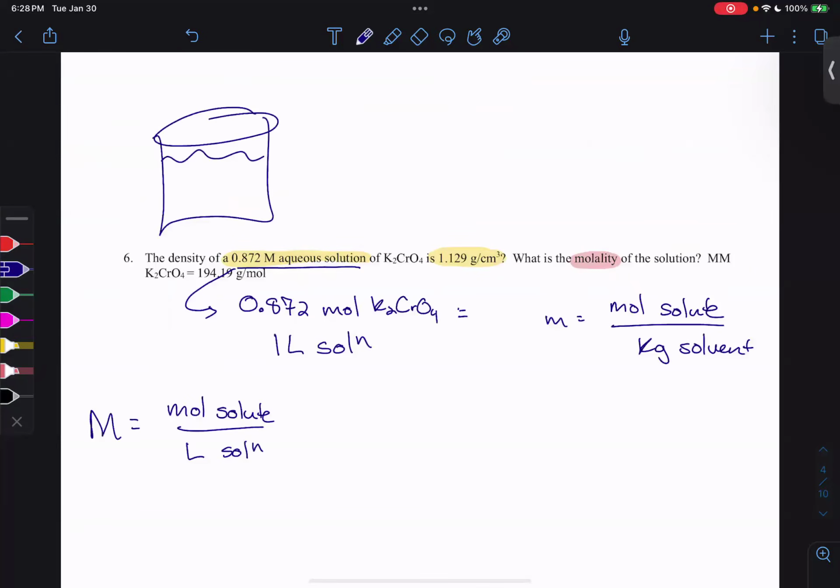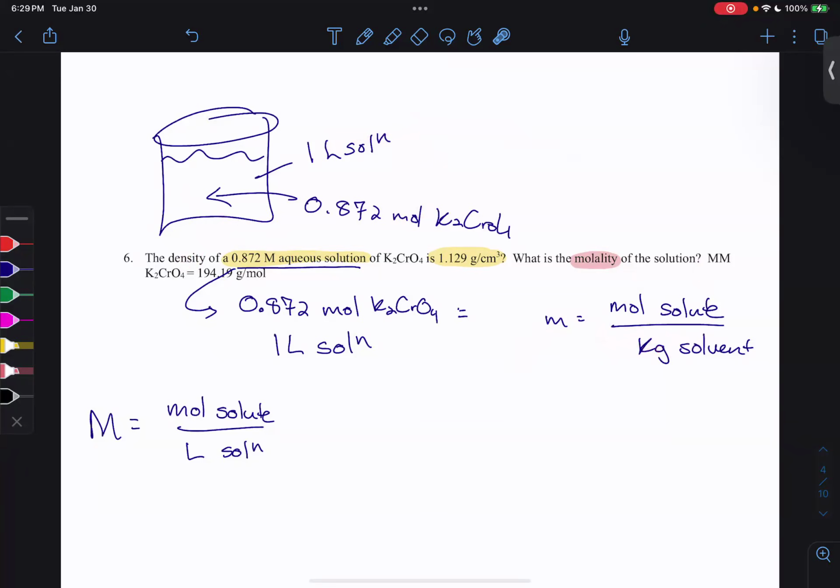We have a 1 liter solution, and in that solution I also have 0.872 moles of potassium chromate. We can look at this picture and ask ourselves how I can get the information in molality, because our goal is to get to a unit of molality.